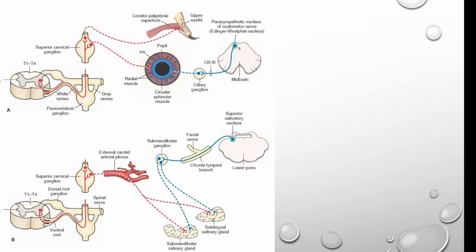All right. Understanding the difference between mydriasis and miosis is important. Understanding which one is under sympathetic and which one is under parasympathetic effect is important. Understanding the pathways and the neurotransmitters involved is important.